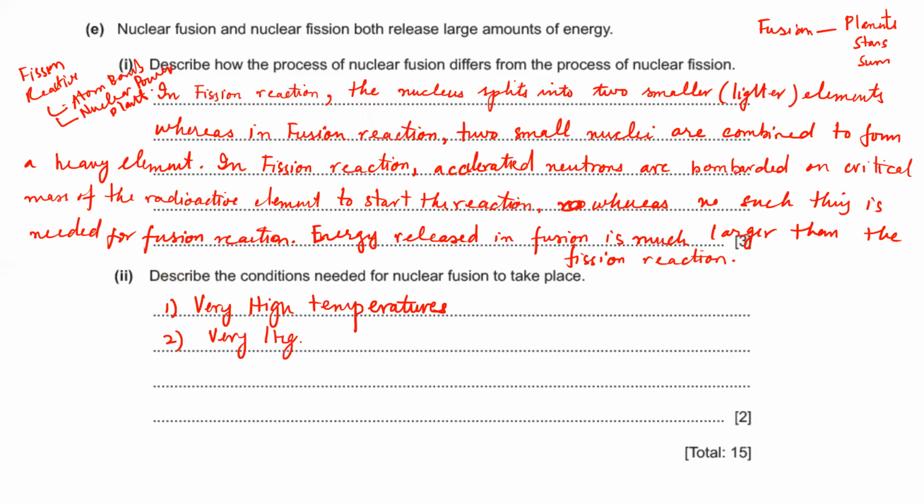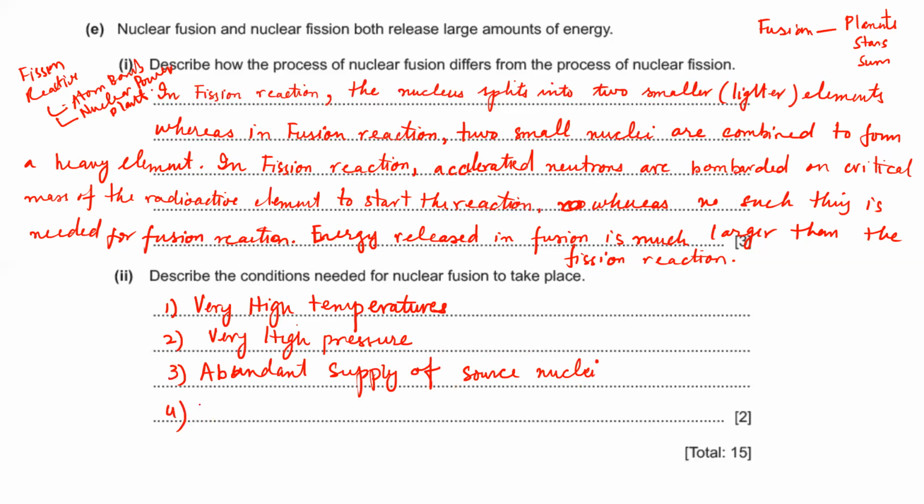Number three, abundant supply of source nuclei, or atoms which we need to merge.